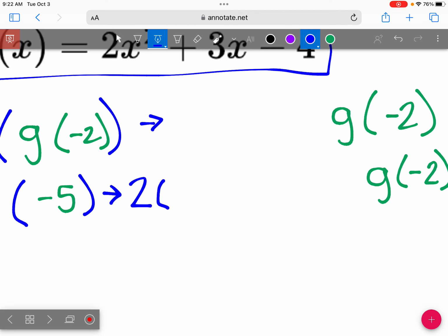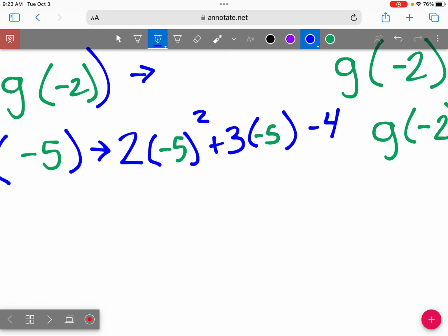2 times negative 5 squared plus 3 times negative 5 minus 4. This one's a bit longer, so we can do it in pieces. 2 times negative 5 squared: 50.